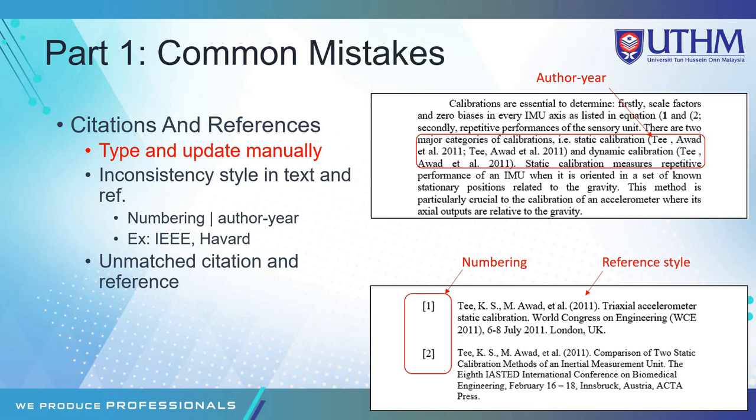For example, the main text applies the style of author and year, while the reference applies numbering. You should refer to the publisher or institute about the required guideline on citations and references format.